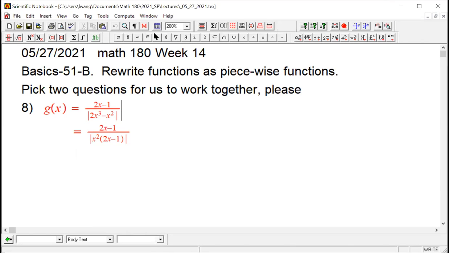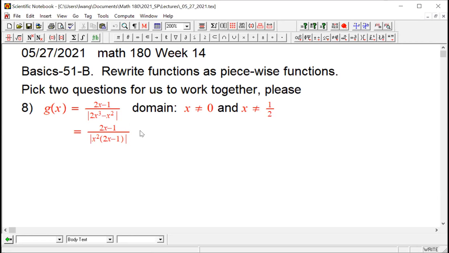Domain, be aware of domain. X cannot be 0, right? And x cannot be what? Cannot be half, right? Cannot be 0, cannot be half.